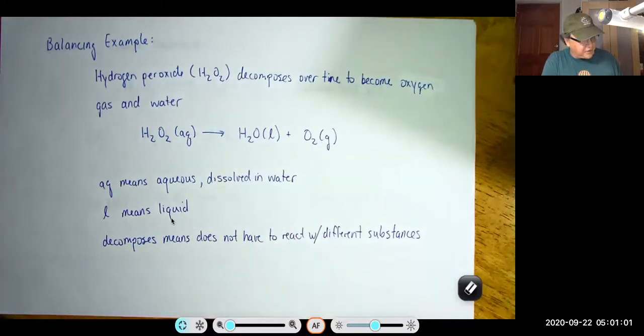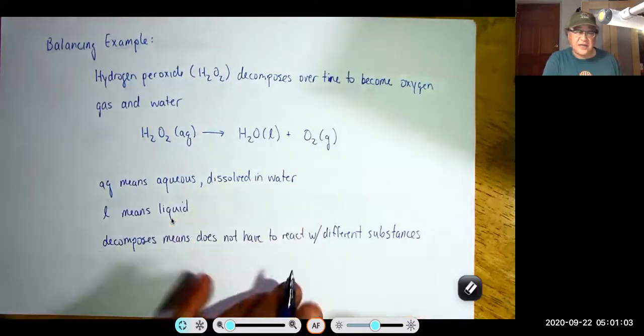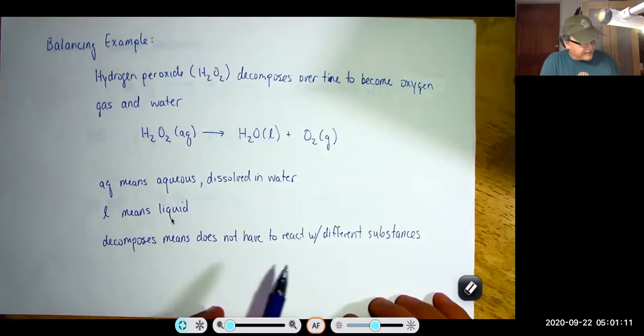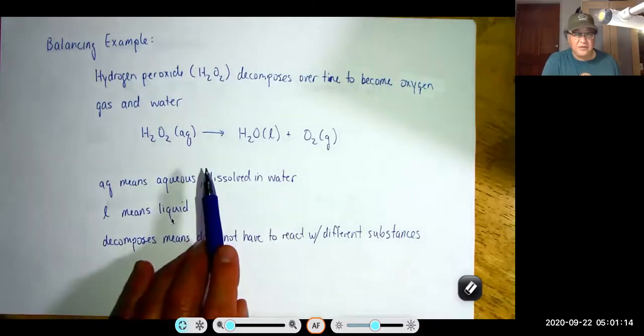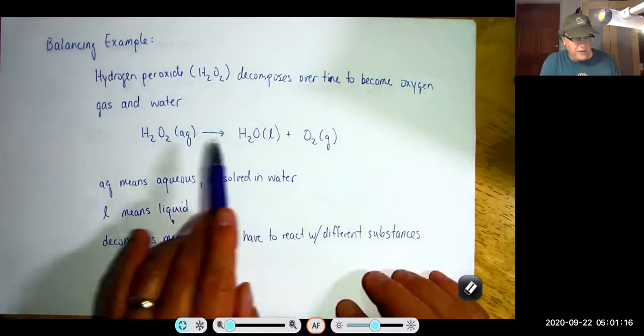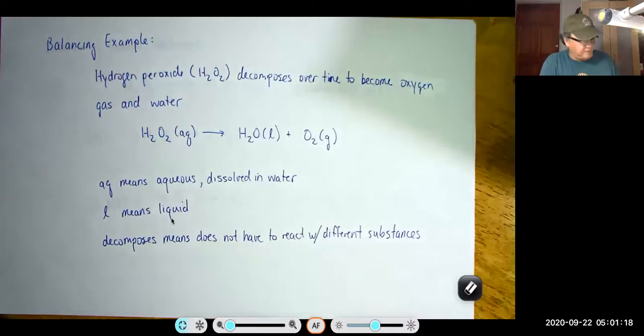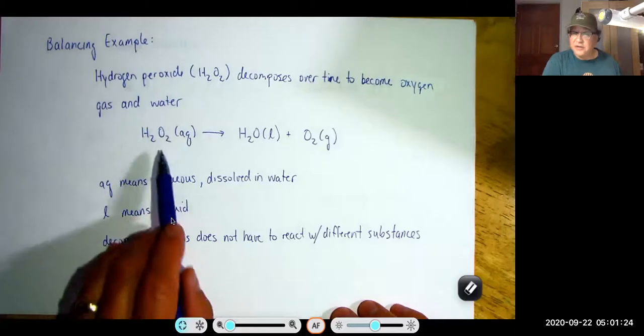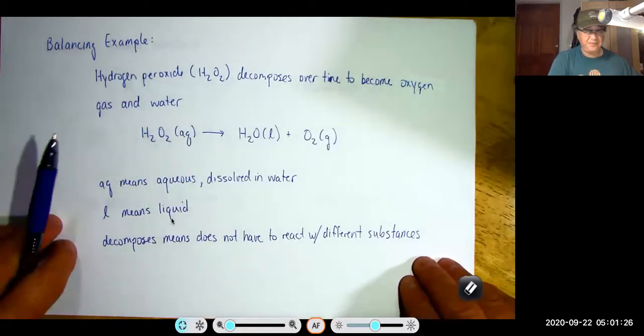So, this is what happens to your hydrogen peroxide after a time. And that's why there's an expiration date on your bottle of hydrogen peroxide. You can hasten this up by shaking it, and it will help turn it into water and O2. All right. So the word decomposes means that this does not have to react with another substance to change.